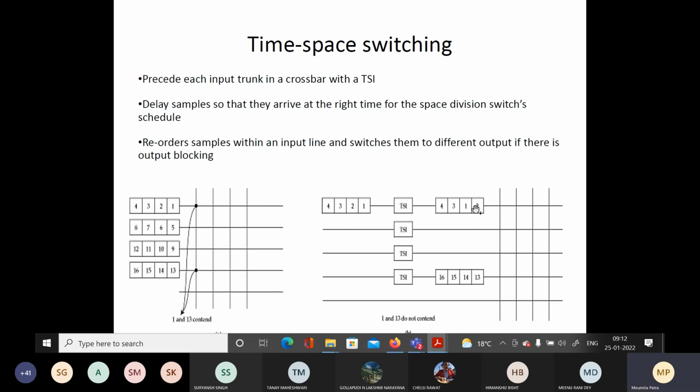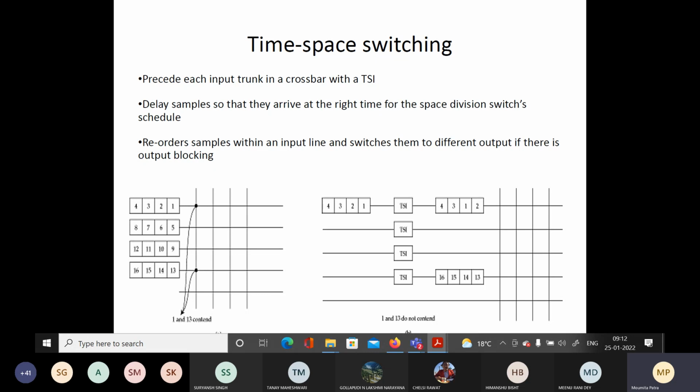In this frame the sample gets interchanged to the second slot, and then we have this one which is completely kept intact, so that it can move to the corresponding output port. Now you can see that there is no contention here. We need to reorder samples within the input line and then switch them to different output lines.